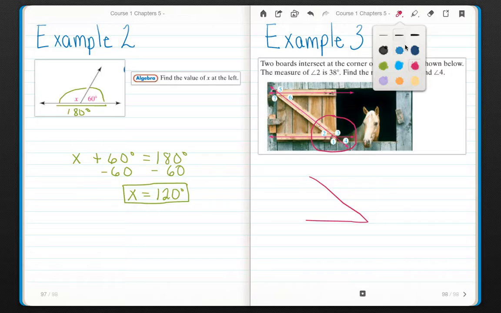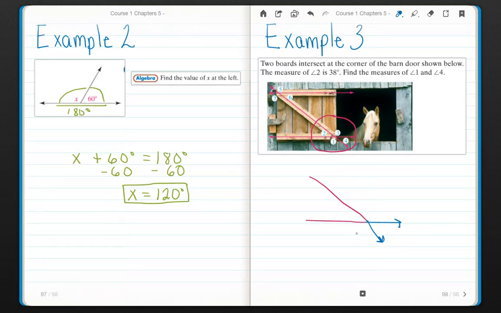Now I'm going to change colors just for a second to show you that this line keeps going this way. So this board, if the line of the board were to continue, it would keep going. And this one is going to go this way. My lines aren't perfectly straight because I don't have a ruler, but you're going to get the idea, okay?